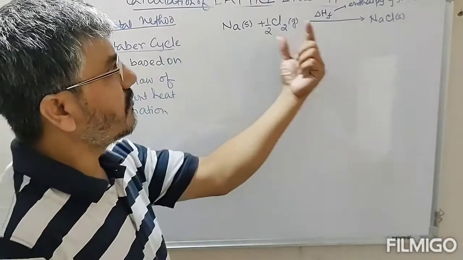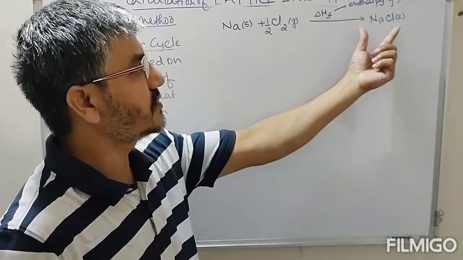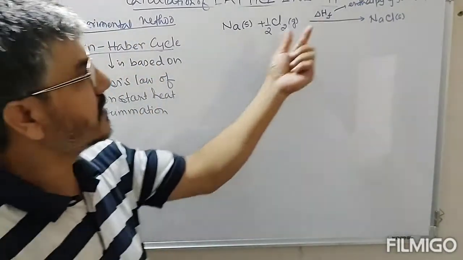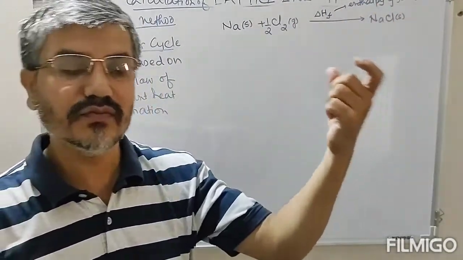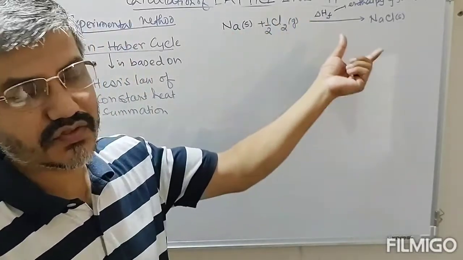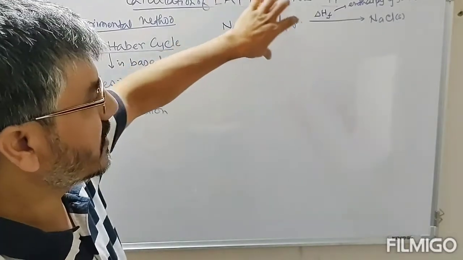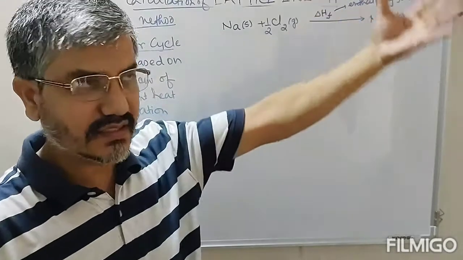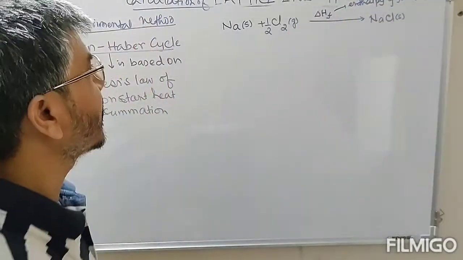So enthalpy of formation of sodium chloride is the energy released during the formation of 1 mole of sodium chloride from constituent elements. This is not equal to lattice energy. Lattice energy was defined from ions. This is not from the ions, but from elemental sodium and elemental chlorine. So use of this elemental sodium and elemental chlorine to form sodium chloride, energy is released, which is known as enthalpy of formation, delta HF.